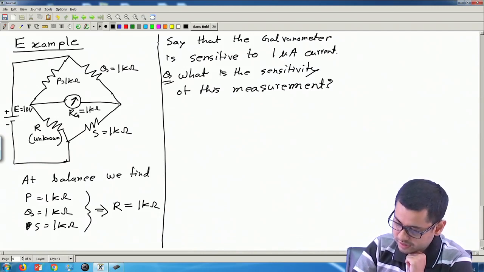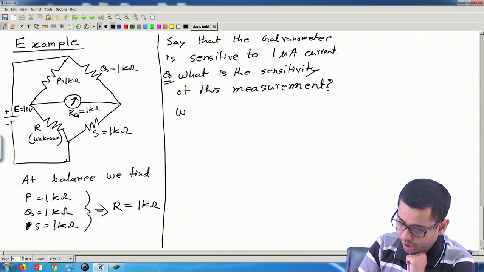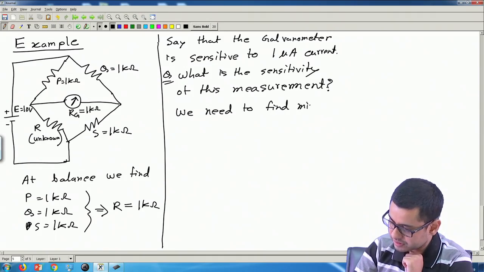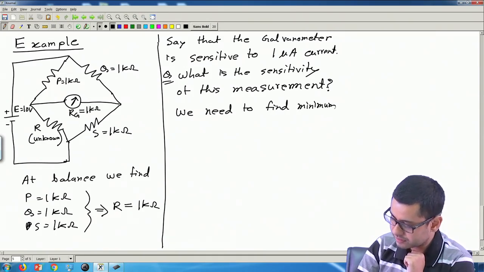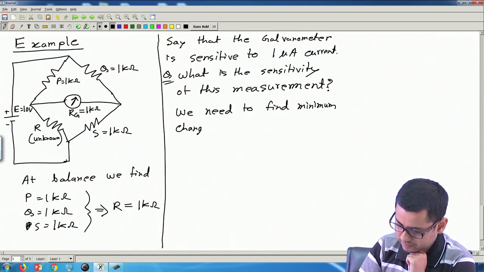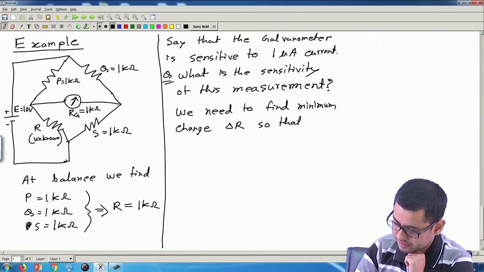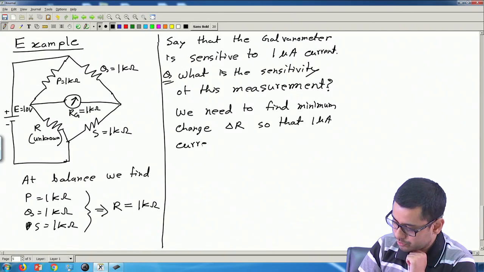So for that, we need to find the minimum change delta R in the value of R, so that 1 microampere current flows through the galvanometer.